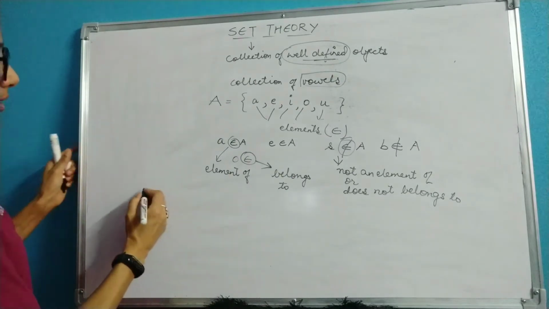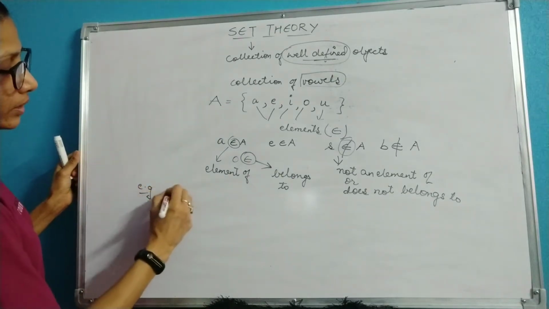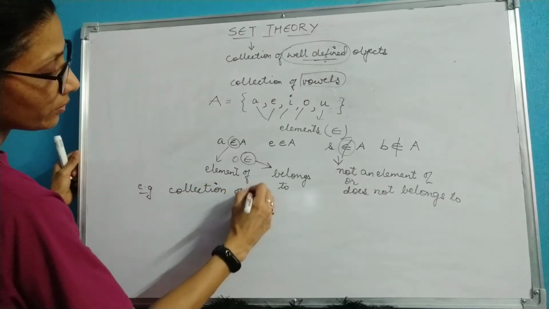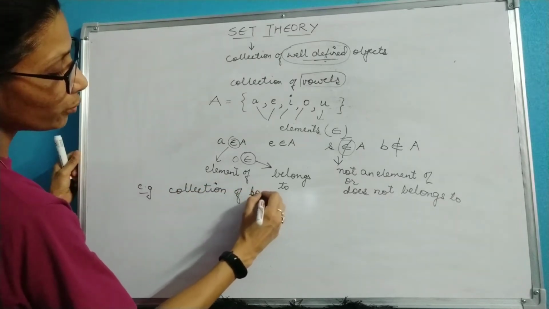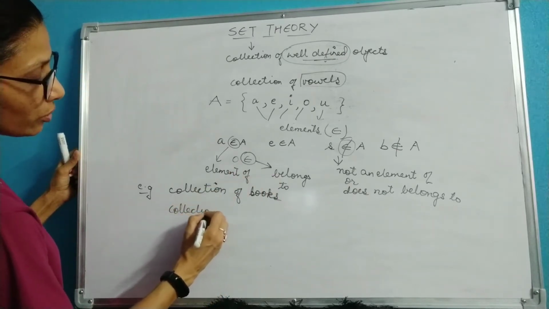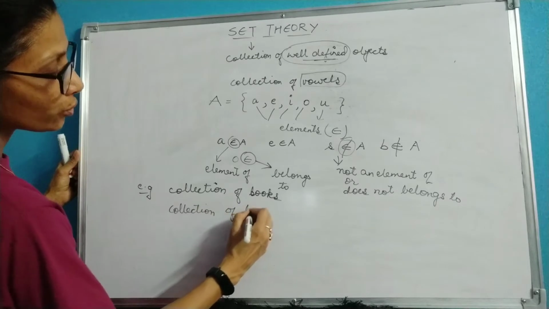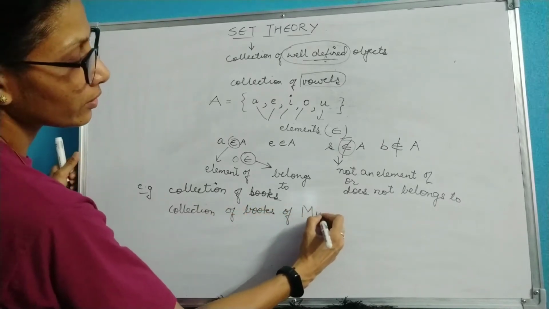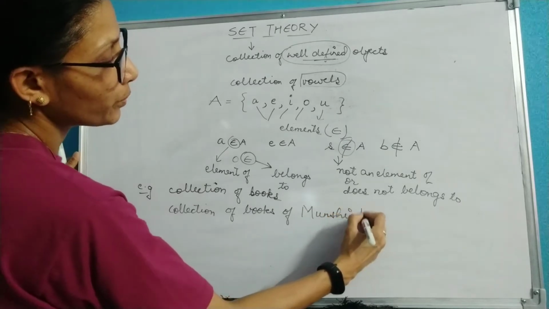Now say, for example, collection of books. Collection of books. And here I write it as collection of books of Munshi Premchandji.